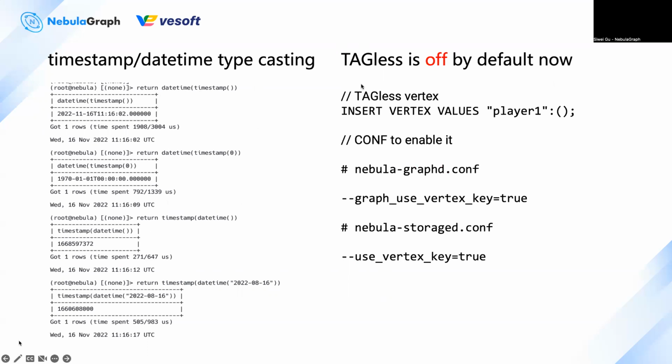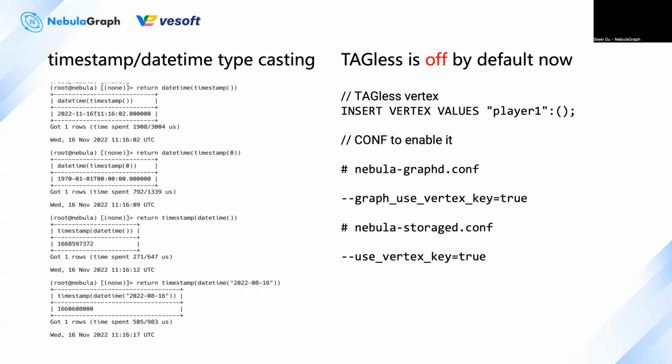This is quite a big change, but frankly, from my observation, most users don't need tagless. When we introduced this concept, a vertex was no longer mandatory to have at least one tag bound.